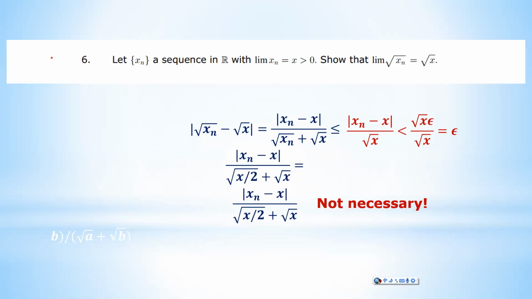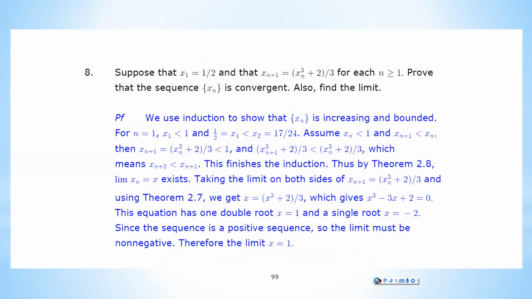So you can see the absolute value of square root xn minus square root x is eventually controlled by absolute value xn minus x divided by square root x. So as long as xn minus x is less than square root x times epsilon, then the square root will cancel. So you get epsilon. This is a very simple way to handle this.